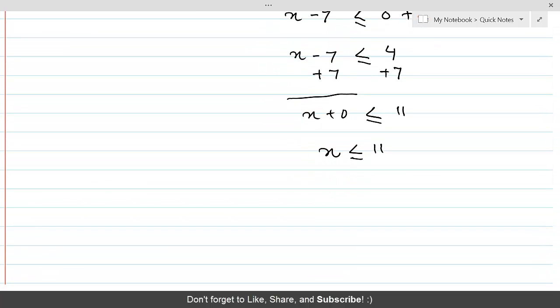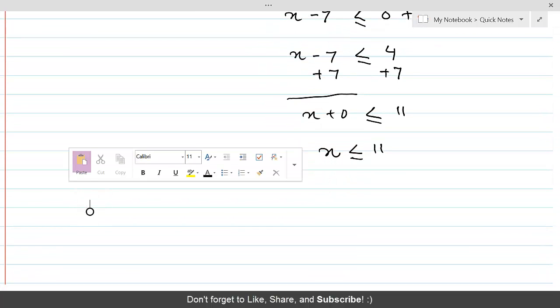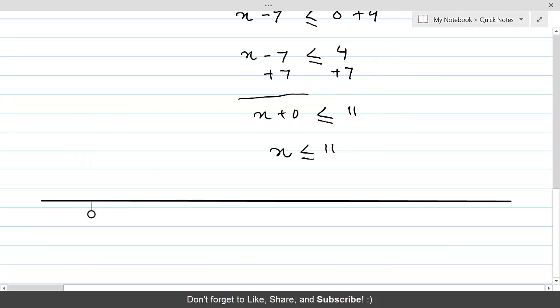And now if we draw the real line, and here is 0, let's find out where the reference value 11 is. Of course, if 1 is here, then 2 is here, and if we go that way, we will find 11 somewhere over here. So this was identifying the reference value.